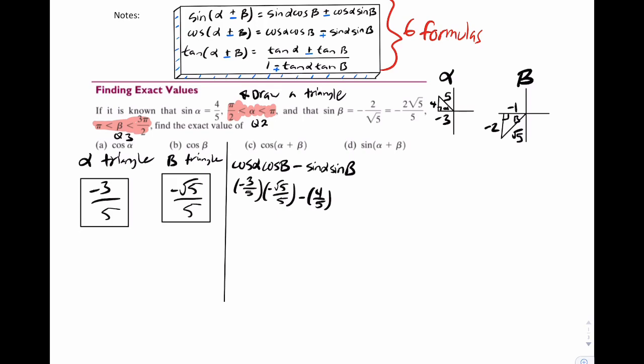Sine beta, that's -2 root 5 over 5. Let's put it together. So that's 3 root 5 plus 8 root 5, all divided by 25, or 11 root 5 over 25. And there it is. Done.